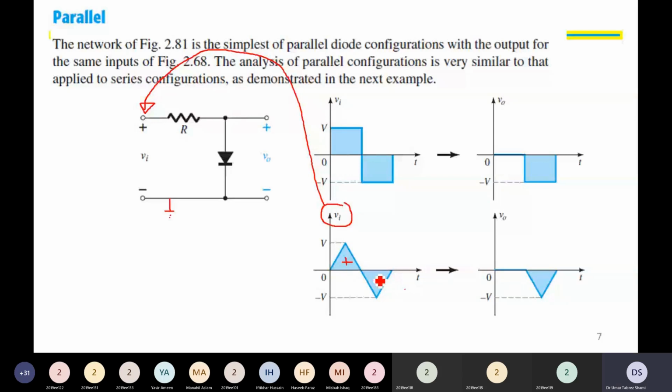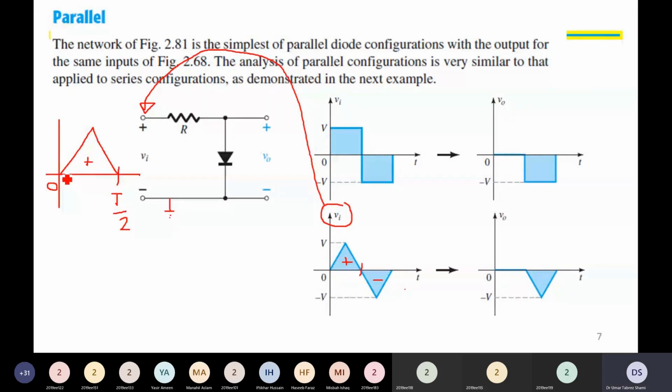First, from time 0 to time T/2, we have the positive half. So let us analyze this part by part. That is what will happen during the positive part, from time 0 to time T/2. ये clear है सबको?